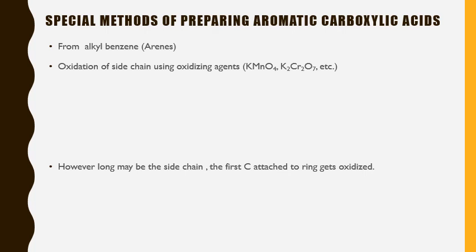In our syllabus, though there are many types of methods to prepare aromatic carboxylic acid, we are focusing on special methods which include the oxidation of alkyl benzenes, which are also called arenes. When you have a side chain on the benzene ring, they are called arenes.